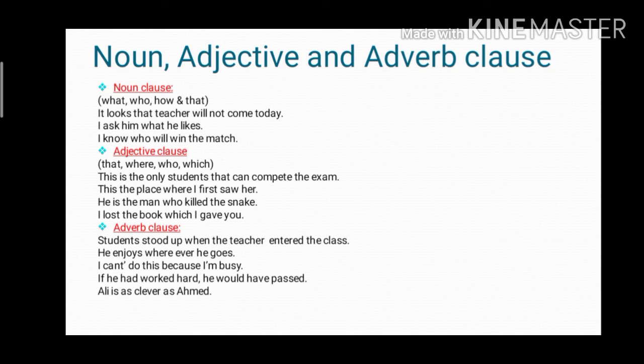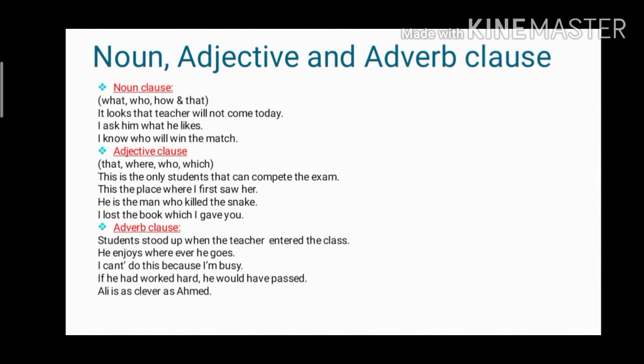In the third sentence, I know who will win the match. Here who also represents a particular noun, means here who has been used for a noun. So here who will win the match should be referred to as a noun clause, because here we demand a noun: I know Ali will win the match.